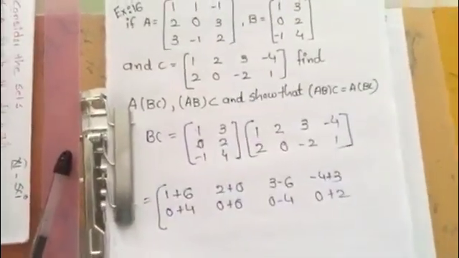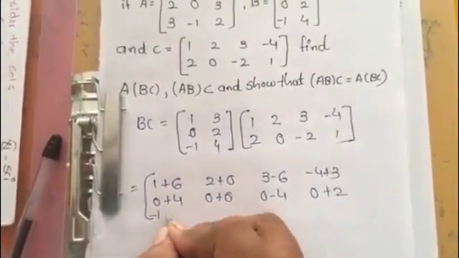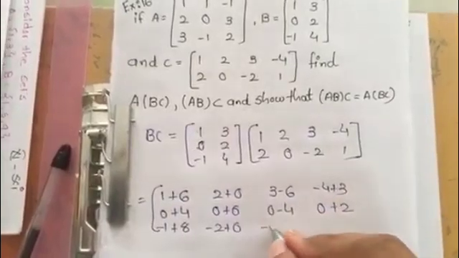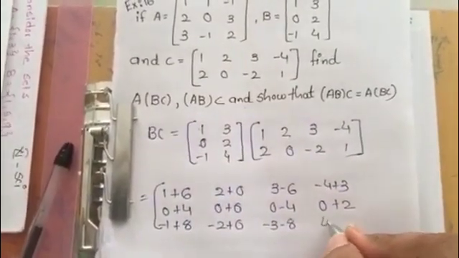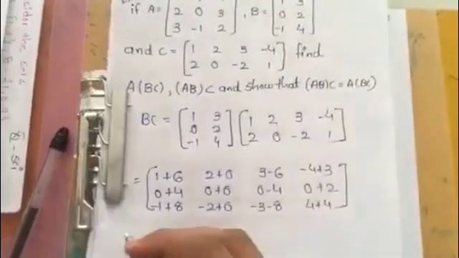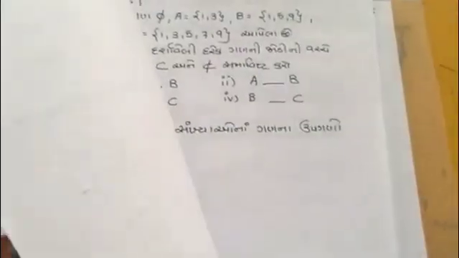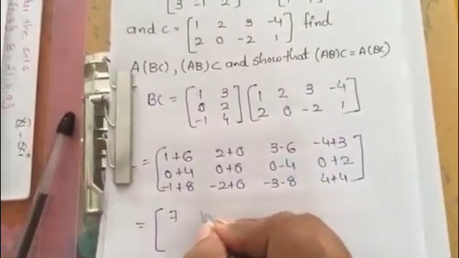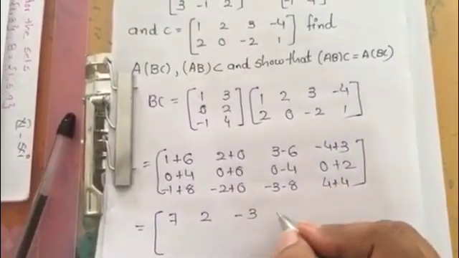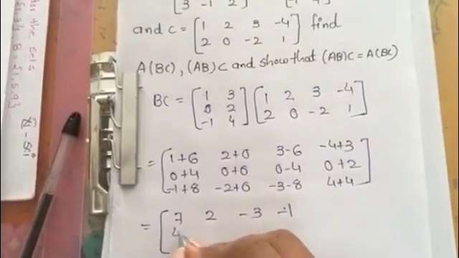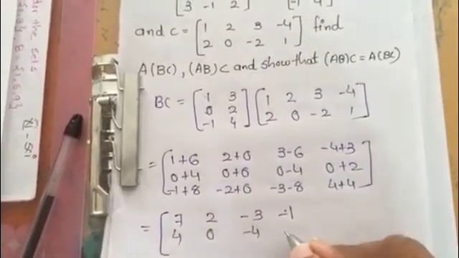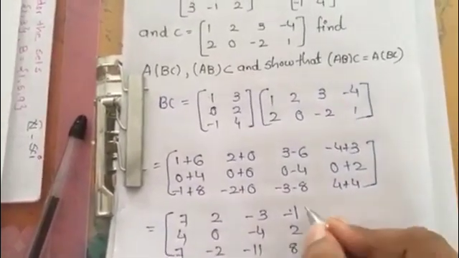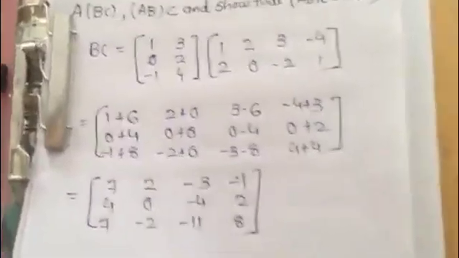Okay, and the last row will be -1 plus 8, -2 plus 0, -3 minus 8 and 4 plus 4. Okay, so let's write the value of this: 6 plus 1 that is 7, 2, minus 3 and -1, 4, 0 minus 4 is minus 4, 2, 7, minus 2, minus 11 and 8. So this is our B into C.